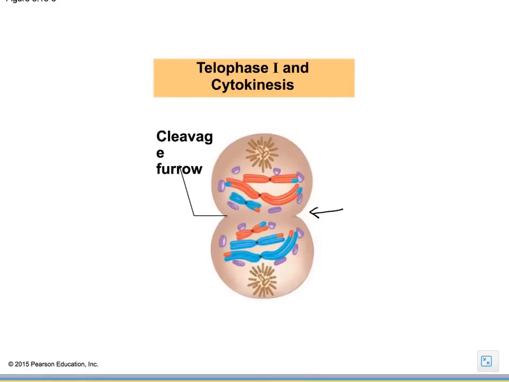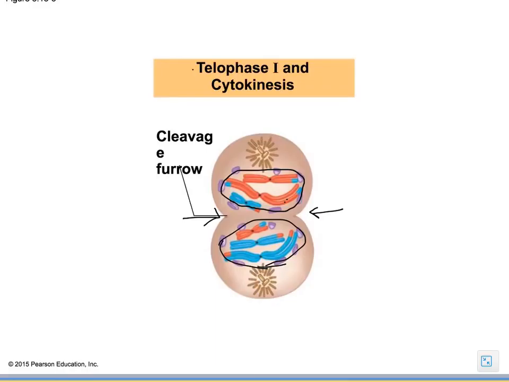We have the cleavage furrow in animals, the cell plate will form in plants, so cytokinesis is starting to happen during telophase. Again, reverse of prophase, so the nuclear membrane might be coming back for a bit. Depending on how long it takes, maybe these guys will unwind, maybe they'll stay as chromosomes.